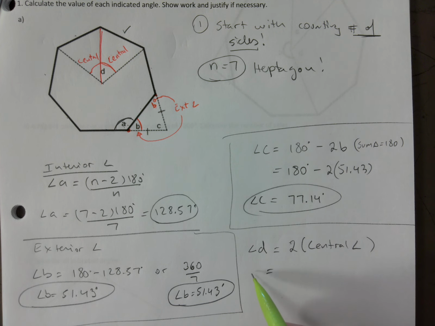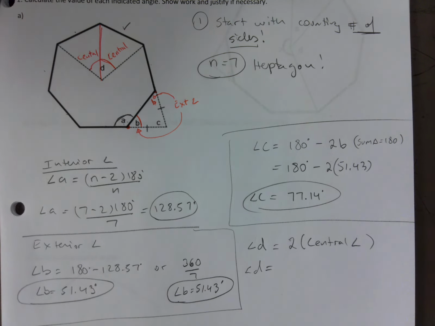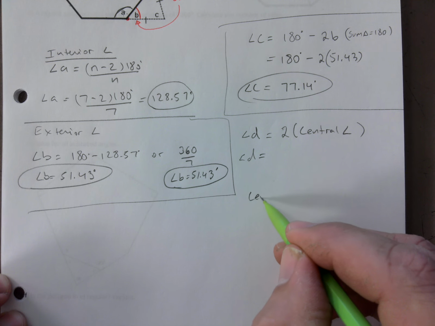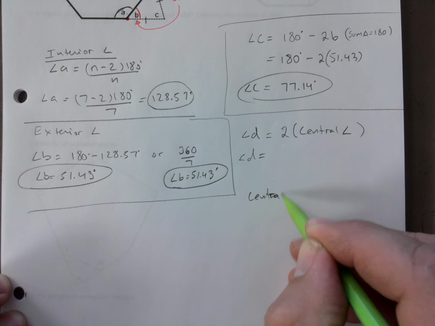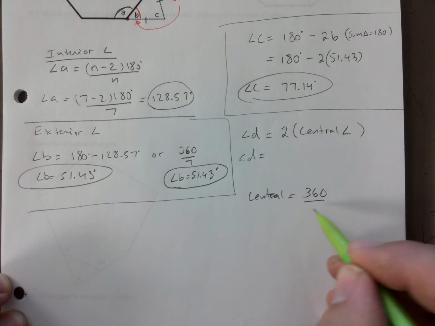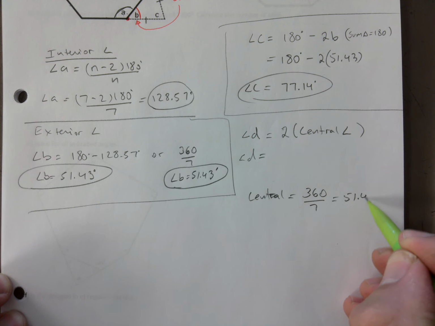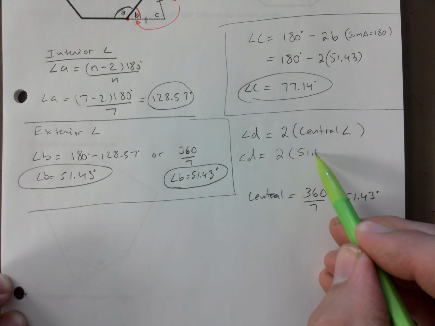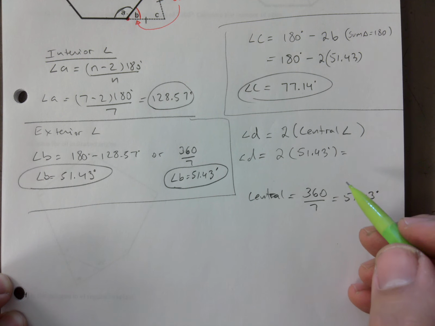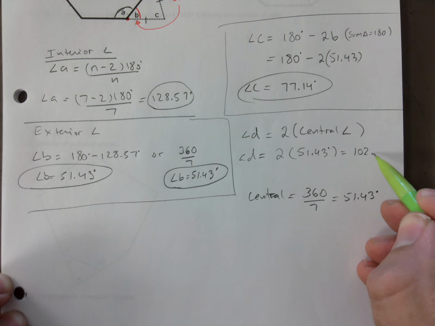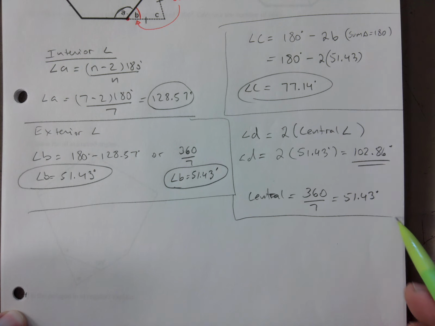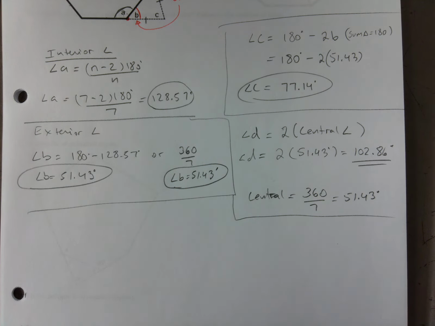So let's find a central first. Let me just do a little bit of work here underneath. A central angle is 360 divided by 7. That's 51.43 degrees. So this would be 2 times 51.43, and angle D is 102.86.